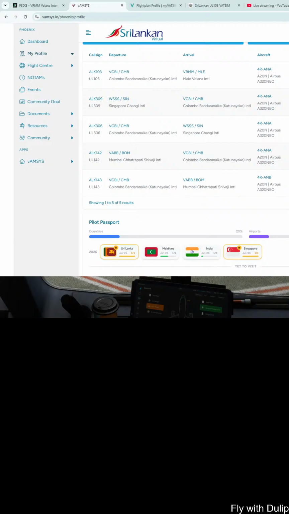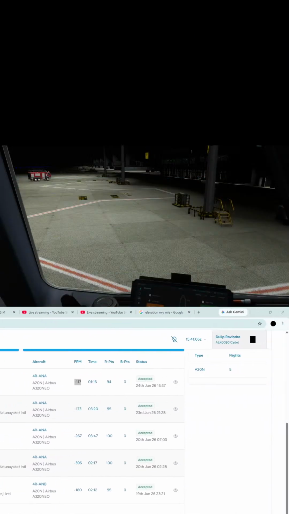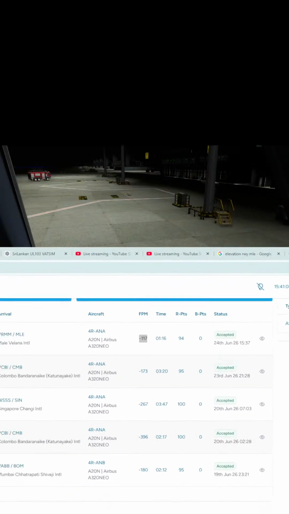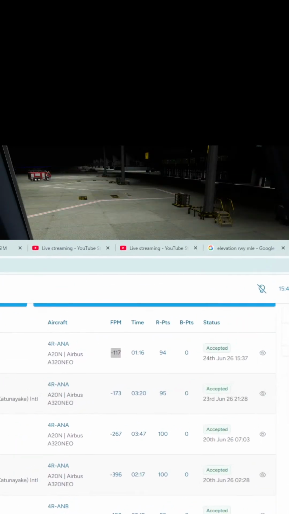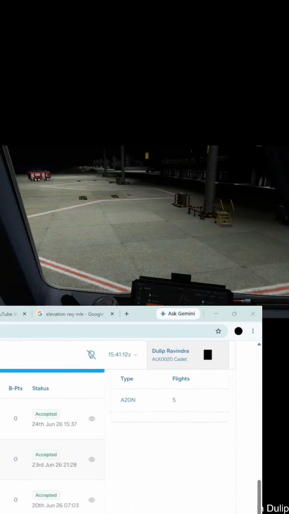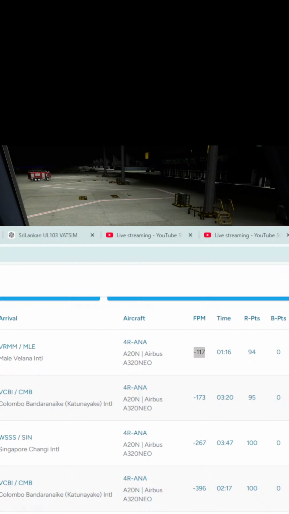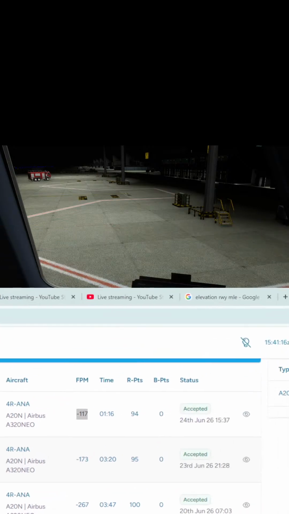Right over here we have Sri Lankan Virtual. Right now, if you look at this, this is my landing performance. Whatever I was expecting, my landing performance is 117 feet per minute. It's a very smooth landing. It's like, you know, you are running on butter.